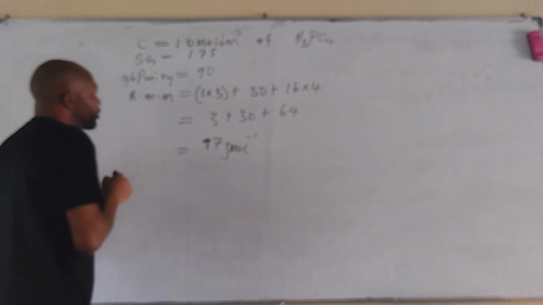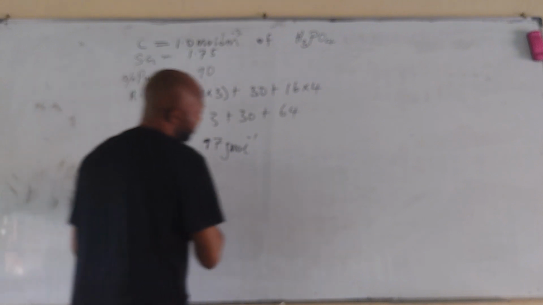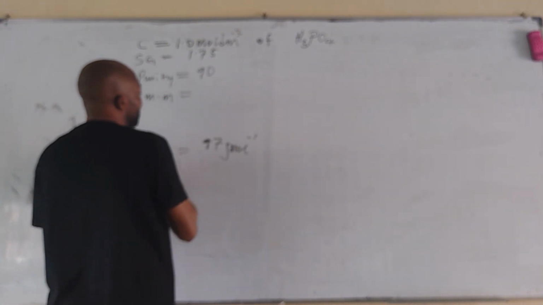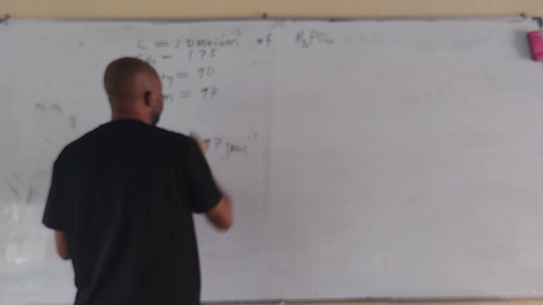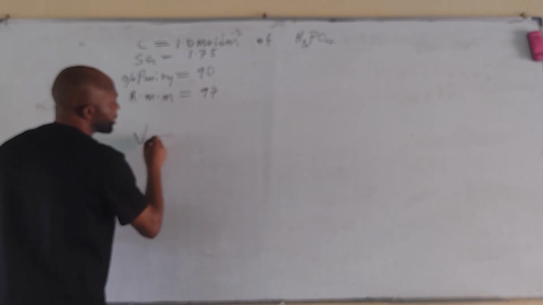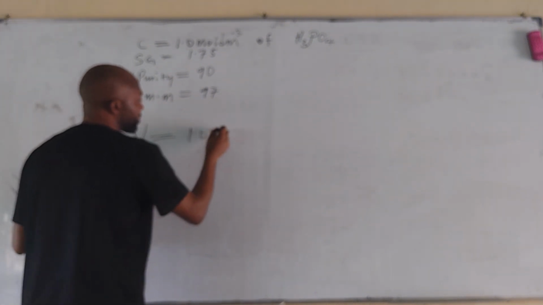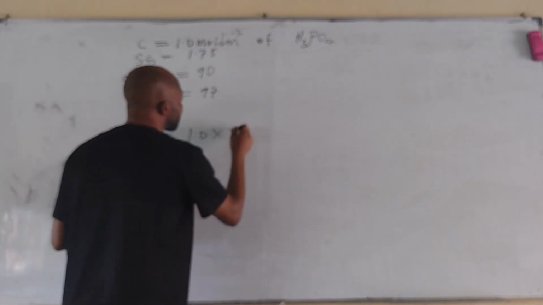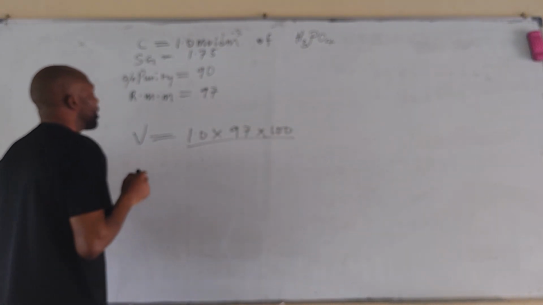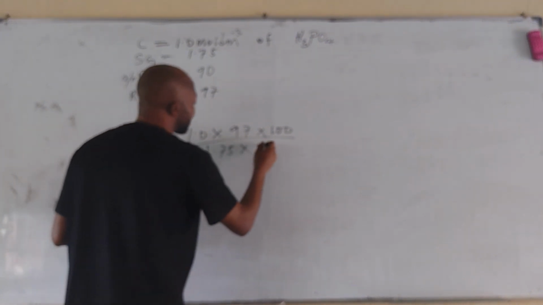Alright, if that is true, now I have this to be 97. Let me take out most of this to save space. Applying the formula, the volume concentration becomes the required concentration, which is 1.0, times the relative molecular mass, which is 97, times 100, divided by specific gravity, 1.75, times percentage purity, 90.